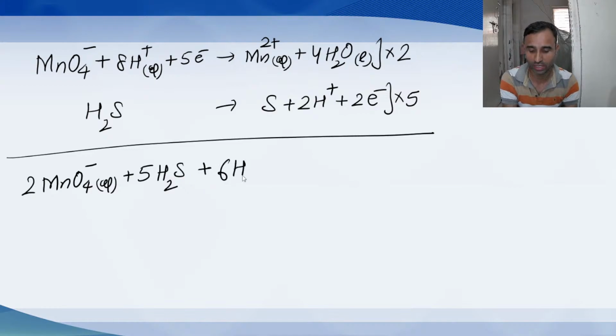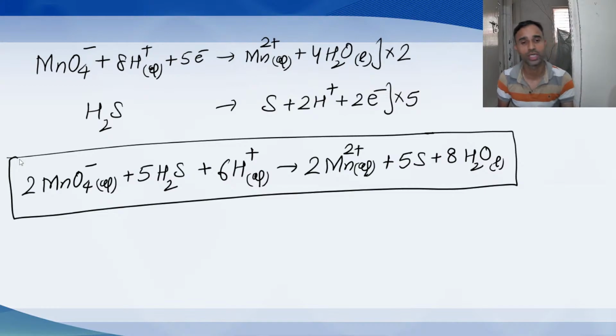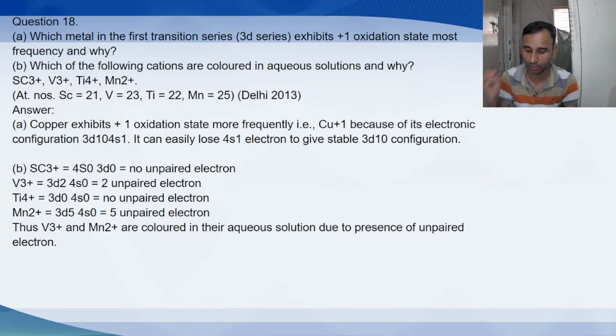So 6H plus to give 2 Mn2 plus aqueous plus 5 sulfur plus 8 H2O liquid. So just see the charge. 2 negative, 6 positive, 4 positive, 2 to the 4 positive. That's it. So this is the equation.